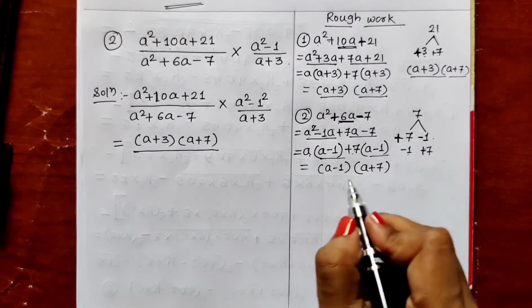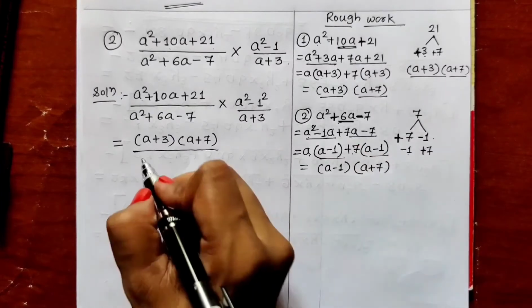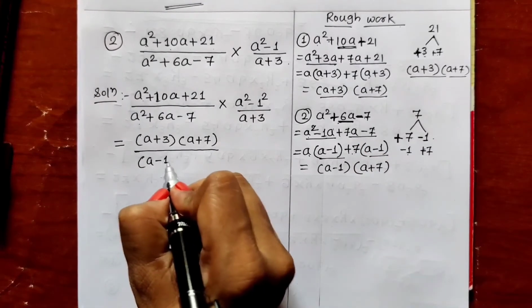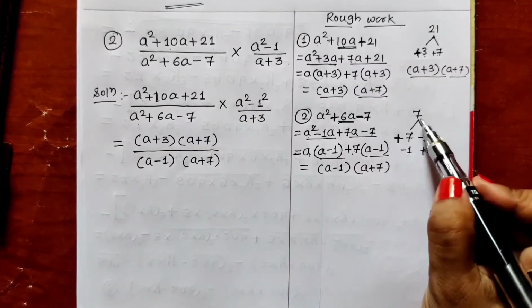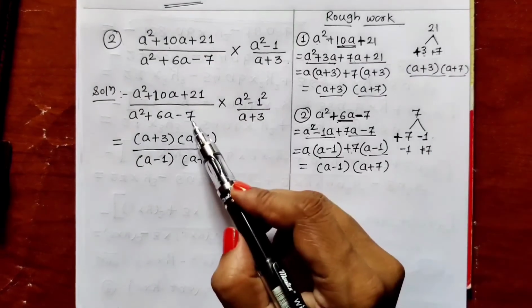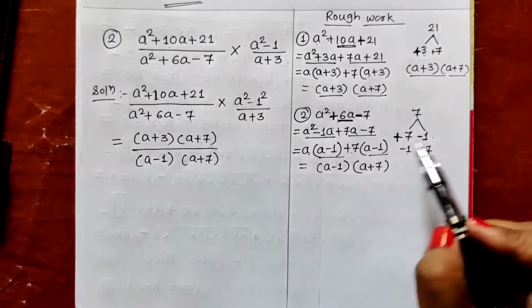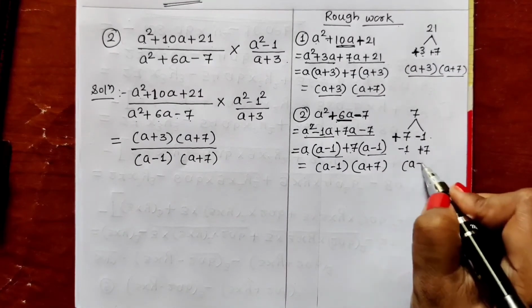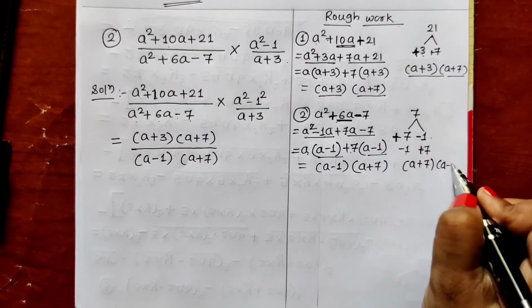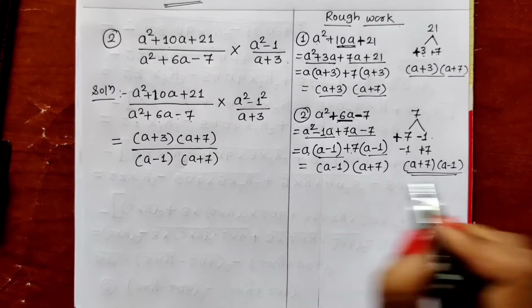So in this way, by doing rough work, you can get the factors a minus 1 and a plus 7. Or otherwise, when you directly write the factors of 7 whose subtraction should be 6, they are plus 7 and minus 1, so you can directly write a plus 7 and a minus 1. In this way you can directly write these two brackets here.